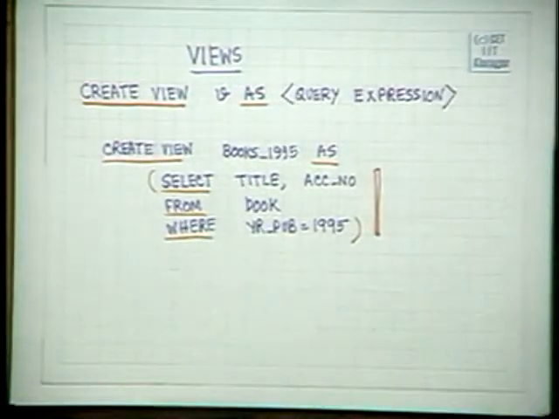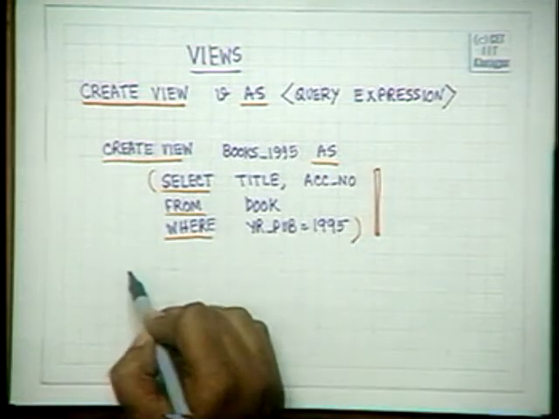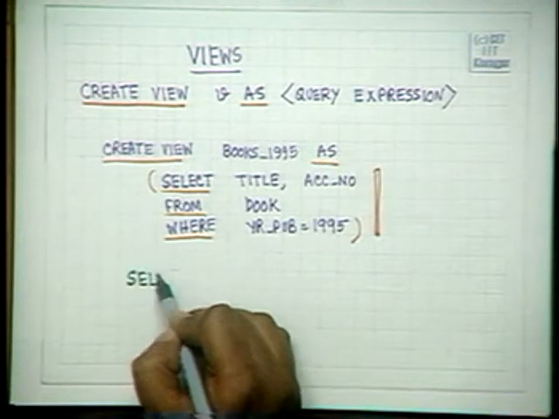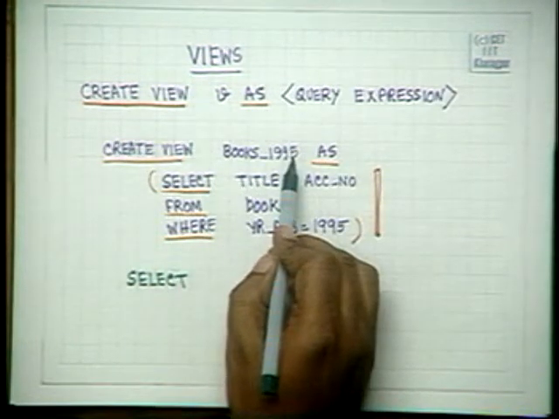So how do I use this? After having defined this, I can now write any query assuming that this is a relation.